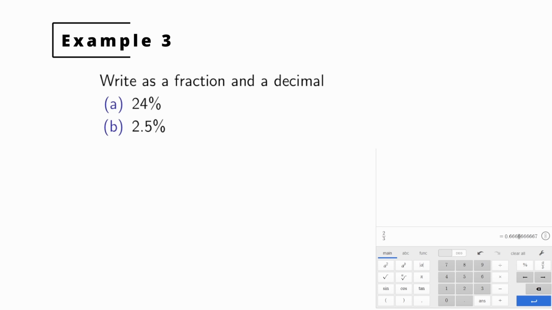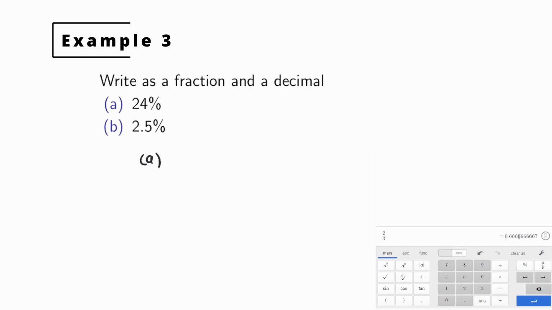Here's our final example. So we have 2 percentages, and we want to write them as both a fraction and as a decimal. So percent means basically per 100. So if you have a percentage, you can get the fraction by simply dividing that number by 100.